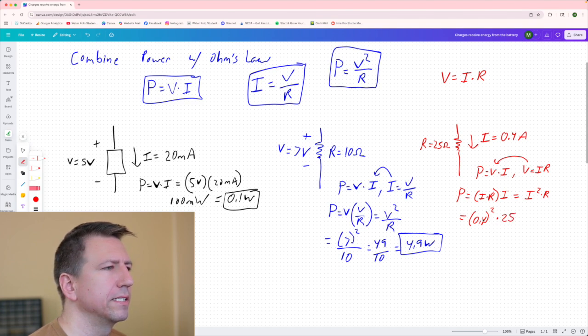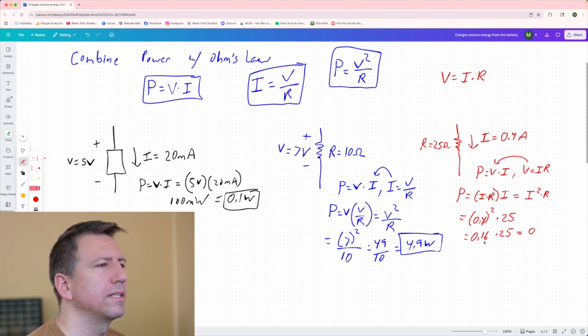And so 0.4 squared is 0.16, times 25 is going to give us, what is that, 4? 16 times 0.25, it's going to be 4. So this gives us 4 watts. Sorry about that, I had to do a little math in my head.